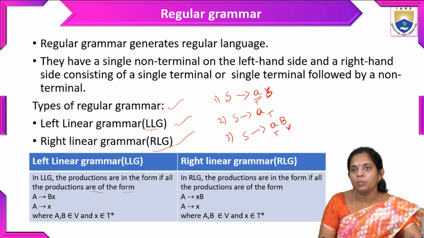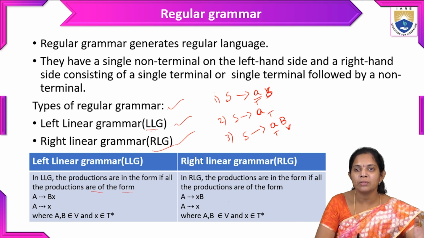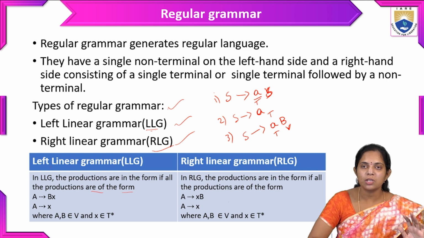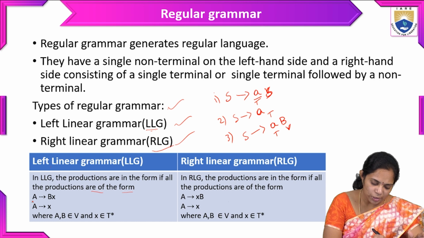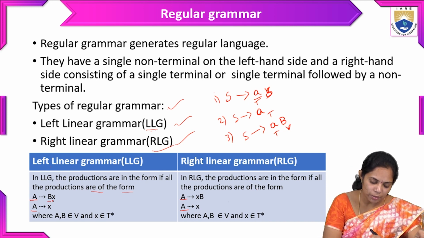Both grammars have some differences. What is the difference? It is only in the production rules. The left side is common for both, the left linear grammar and the right linear grammar, and the right side is a combination of terminal and non-terminal. In the left linear grammar, the non-terminal is followed by a terminal. The left side is always a non-terminal, and in the right linear grammar the terminal is followed by the non-terminal.